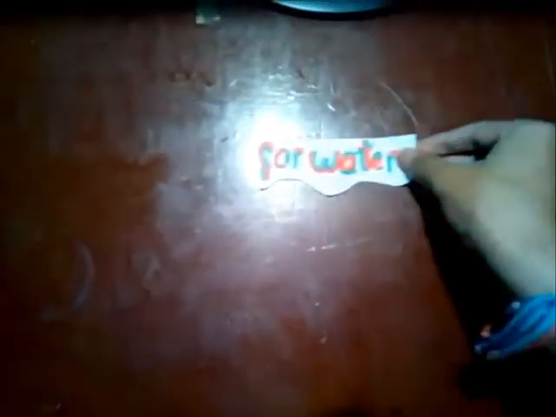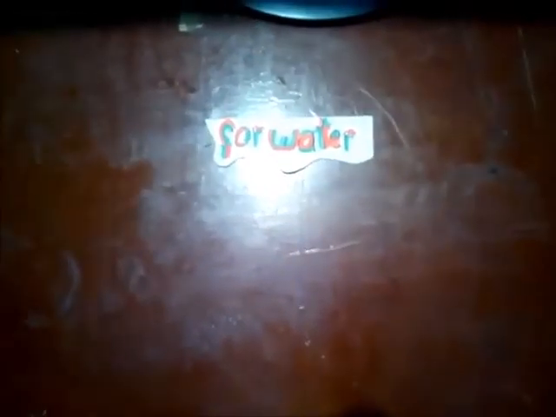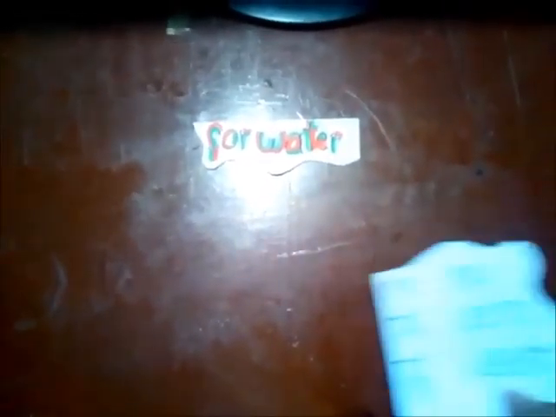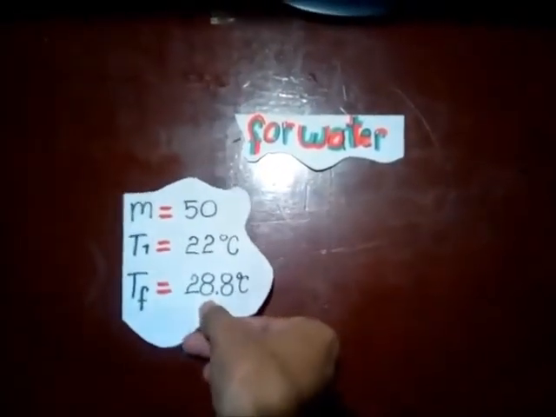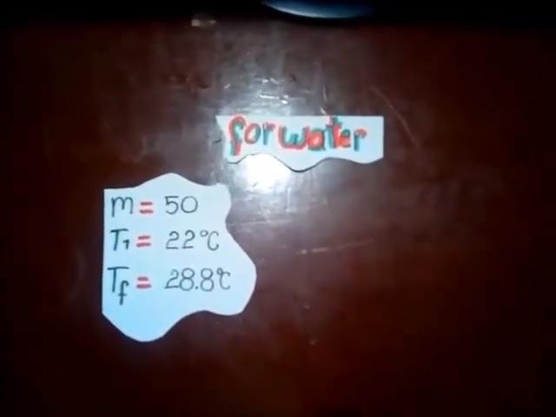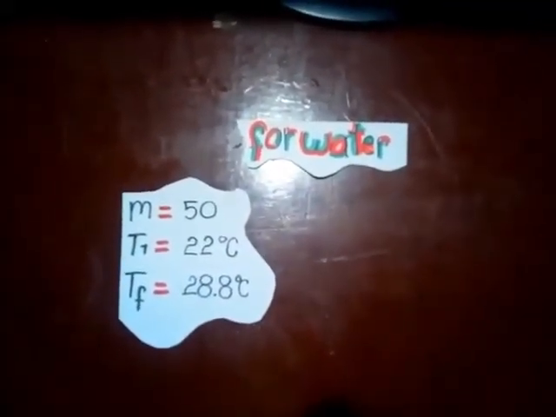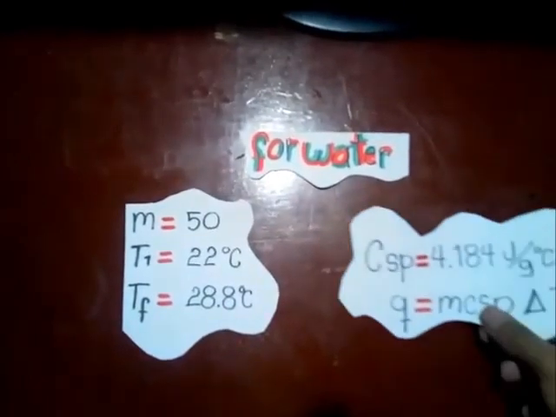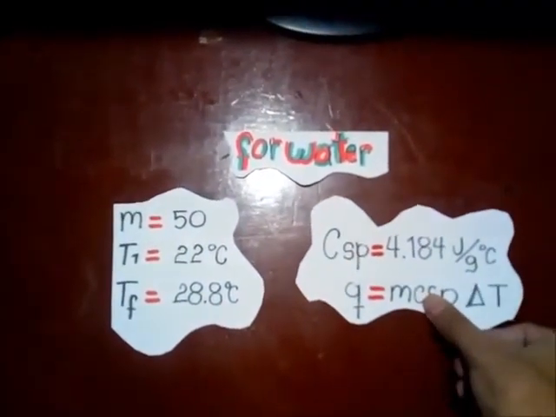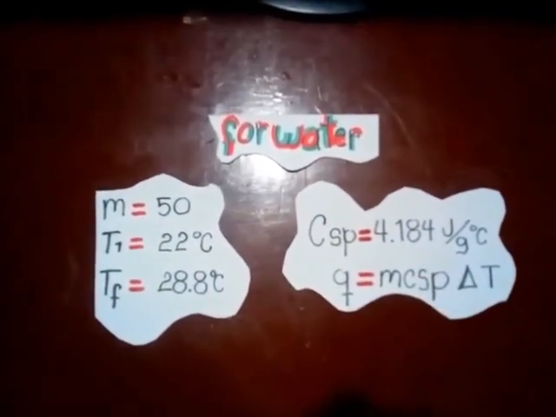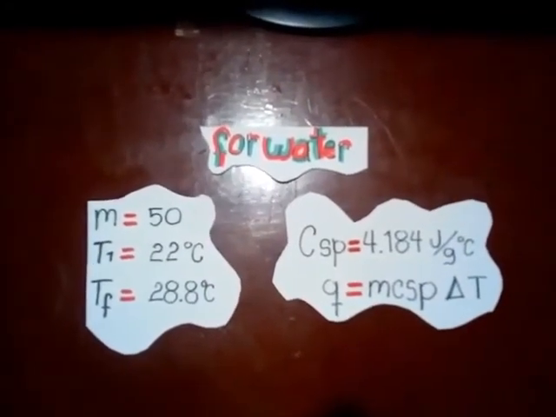For the water, m is equal to 15 grams, Ti is equal to 22 Celsius, Tf is equal to 28.8 Celsius, and Cs is equal to 4.184 joules per gram Celsius.